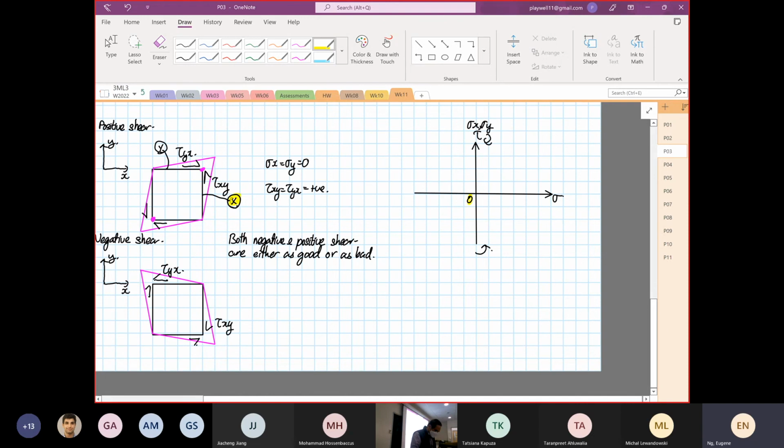We are going to deal with point X first. We're going to focus on this arrow over here that I highlighted in yellow. And then I want you to put your finger on the center of the element.